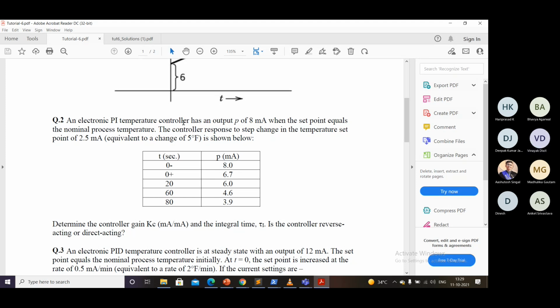By taking the change at t equals 0, which is 1.3, we can get the proportional constant Kc, and by calculating the slope we can get tau, or Kc by tau I. And if the slope comes out negative, then I think it will be reverse acting. Perfect. Anyone who needs to add any additional points?